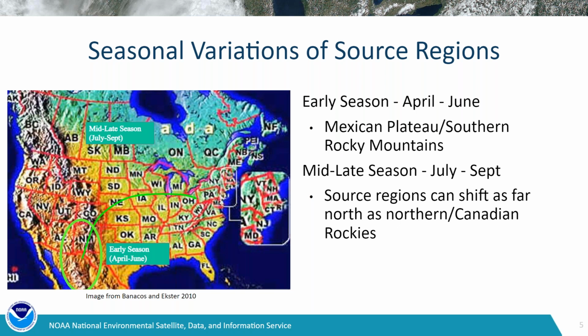So it's not uncommon toward the middle to latter half of the summer months to see the elevated mixed layer source regions originate from the Central Rockies, Northern Rockies, and at times even the Canadian Rockies. These lead to some pretty significant severe weather situations further downstream as that elevated mixed layer advects eastward with time. Next slide, please.